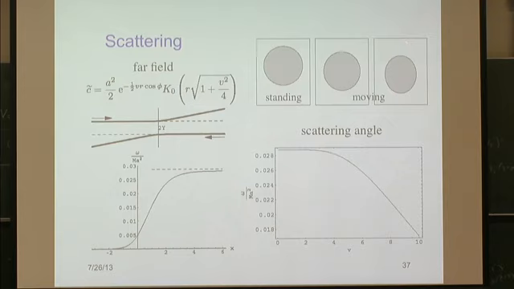They move in this way. Then when they come closer together, they are repelled, and there is a kind of scattering, and we can compute the scattering angle.